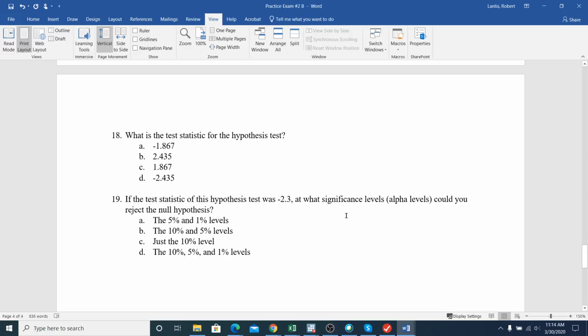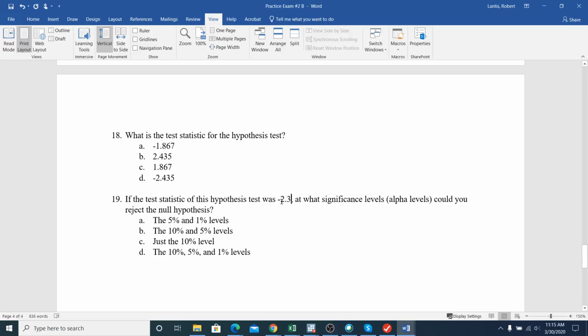Now notice, when I give you these assumed values, they might not be related at all to what the actual test statistic is. I gave you a negative value here, right? So don't read into any of the assumed values that I give you. I'm probably choosing them for very different reasons that have nothing to do with what the actual test statistic value was. So assume you found it was negative 2.3.